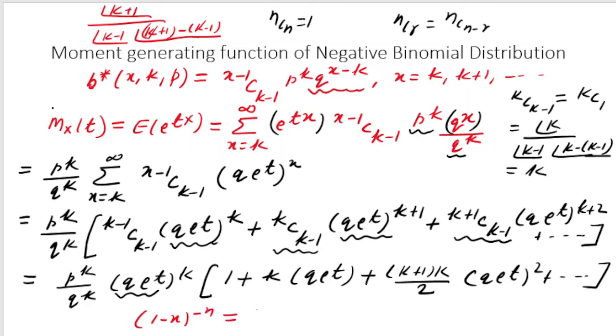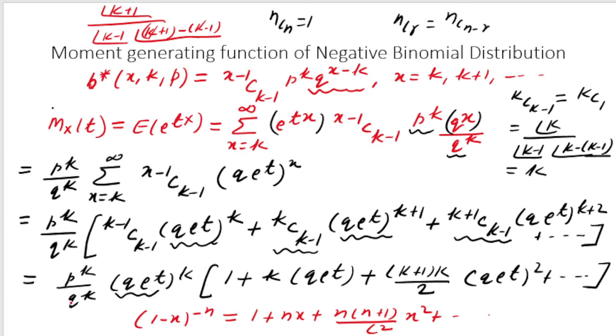This expansion is 1 plus n into x plus n into n plus 1 by factorial 2 into x square, and so on. So if you look at this expansion and this expansion, I hope you can see here in place of n we have k, and in place of x we have q e to the power t. So if I can move to the next page, this will look like what?